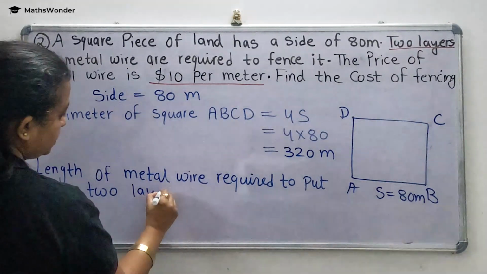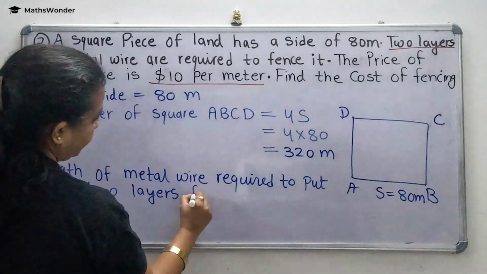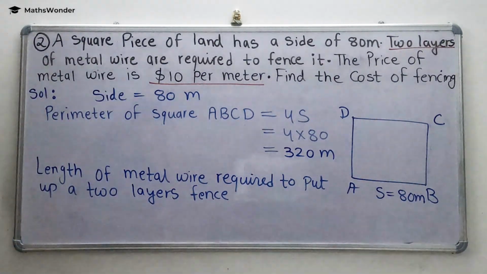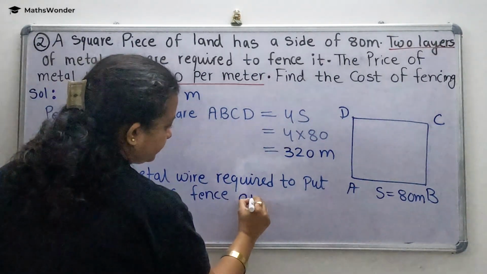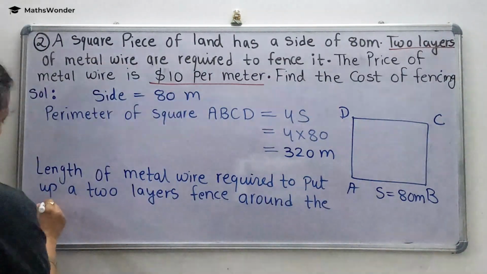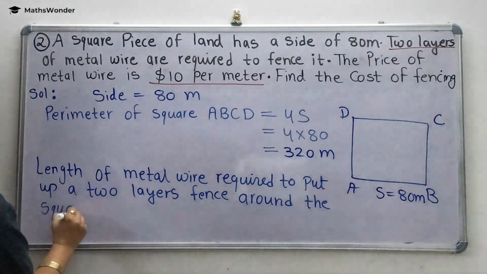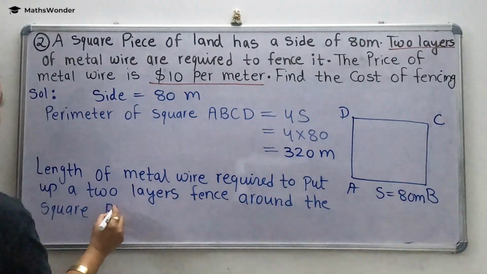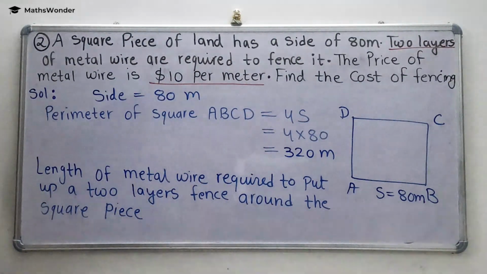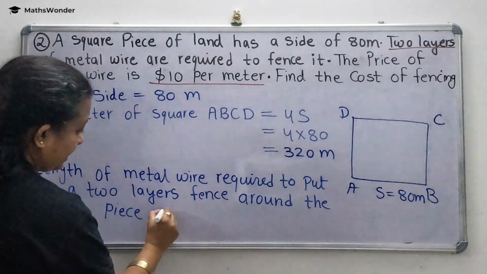Two layers, right? Yes, two layers of fence around the square piece of land.